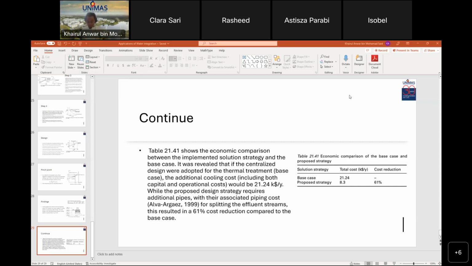Do you have any questions? There are a lot of methods for water pinch. I need more time to cover all of them; I was given just a whole week.